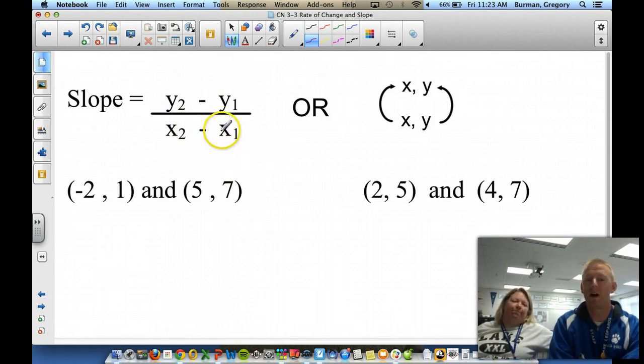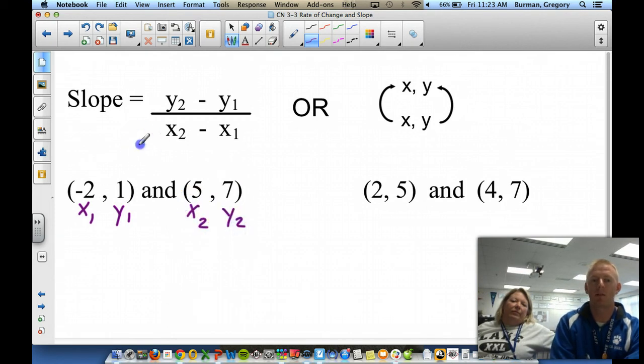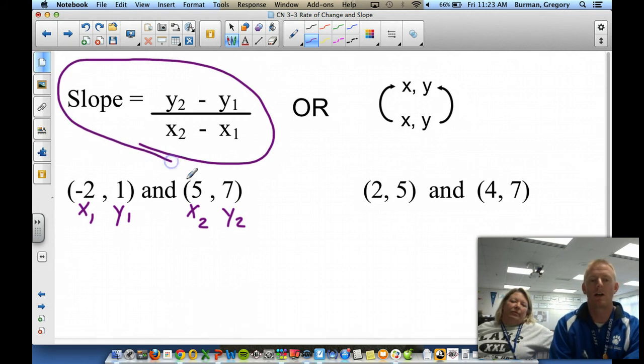So we have a process here, and I'll show you guys this first one, and Ms. Johnson will talk about the second process. If I label my ordered pairs as y1 and x1 for the first point, and x2 and y2 for the second point, I can plug them into this formula and figure out the slope very quickly.